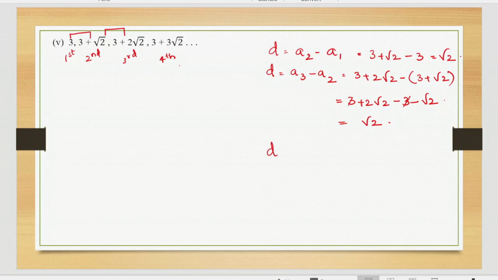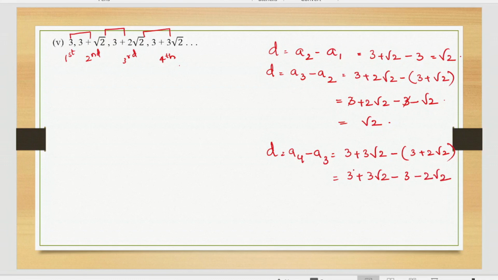Okay, so let us find the common difference for the last two terms, that is a3 and a4, which is a4 minus a3. a4 is 3 plus 3 root 2 minus a3, which is 3 plus 2 root 2. Okay, so we will get 3 plus 3 root 2 minus 3 minus 2 root 2.